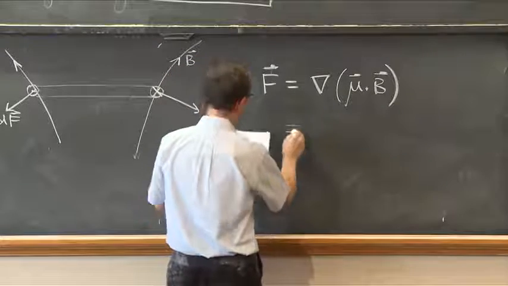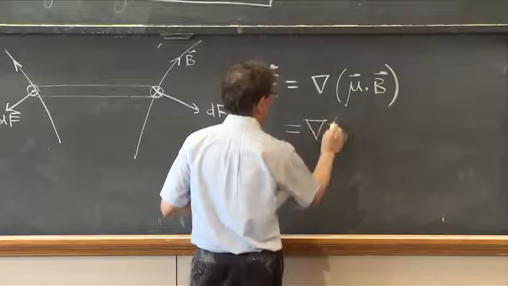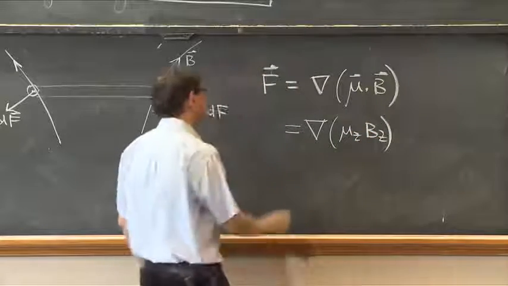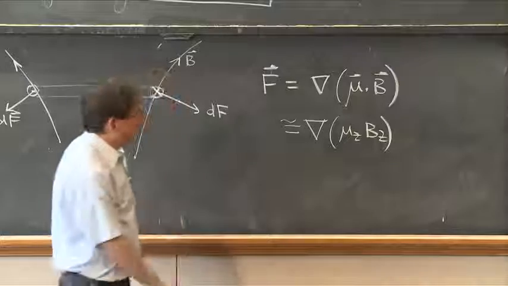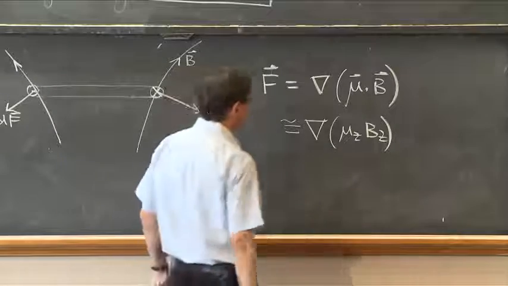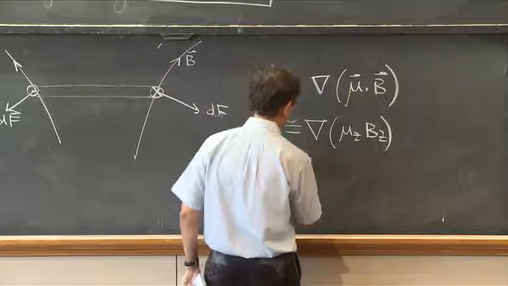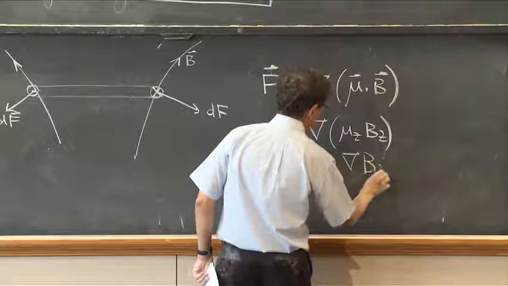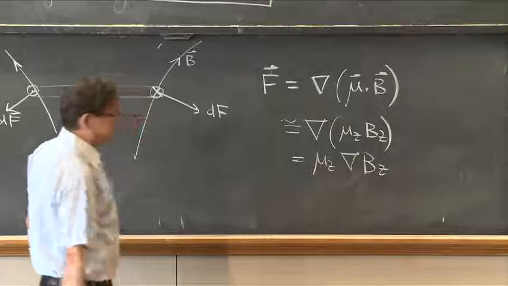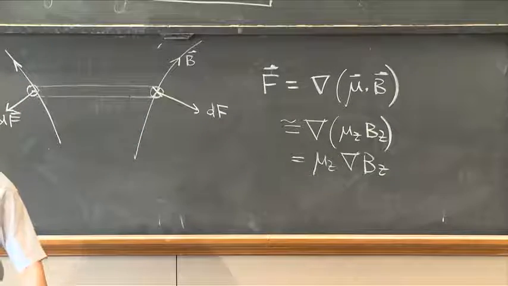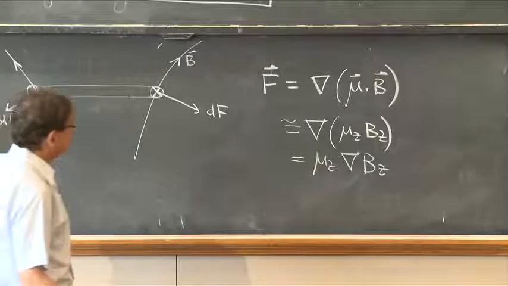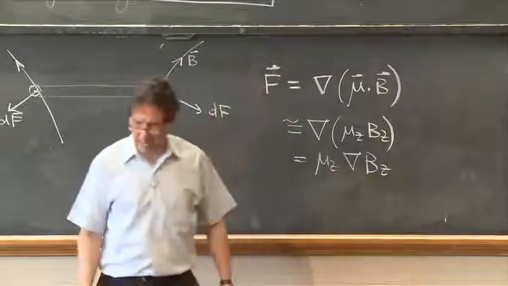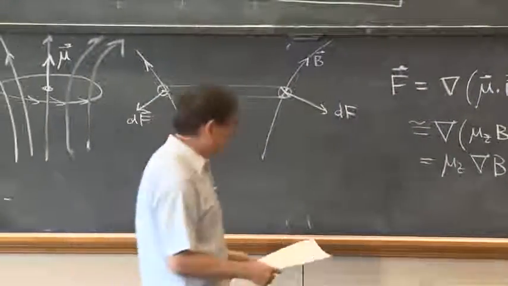Because you take this and you say, well, that's roughly mu_z B_z, because it's mostly a magnetic field in the z direction, and mu is a constant, so it's basically the gradient of B_z. Now that's a vector, but most of the gradient of B_z is in the z direction. So it's basically dB_z/dz.